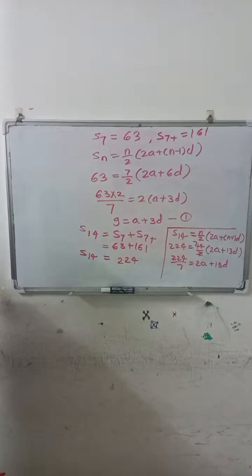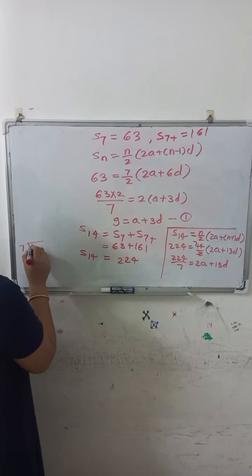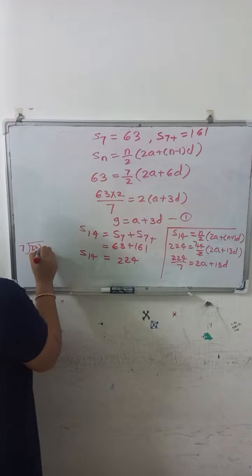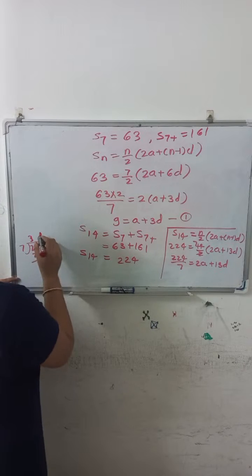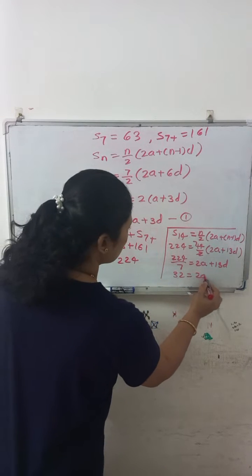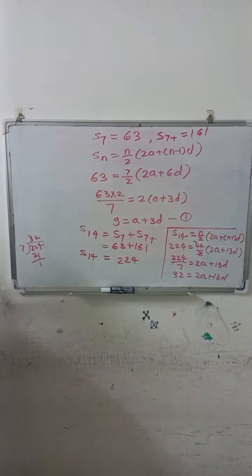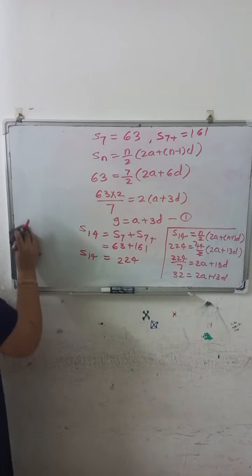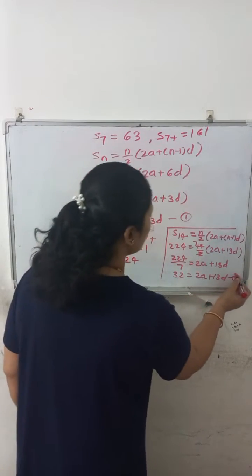Now you can divide by 7. Check how much. Is it 32? 32 is equal to 2a plus 13d. So this is the equation I got for S14. This is my equation number 2.